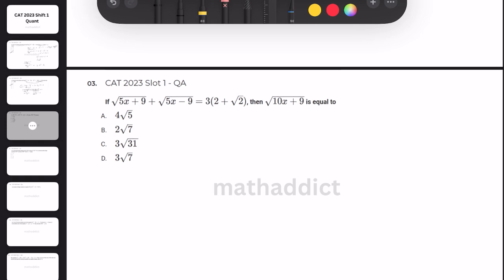So in this one we'll multiply by the rationalizing factor for this.